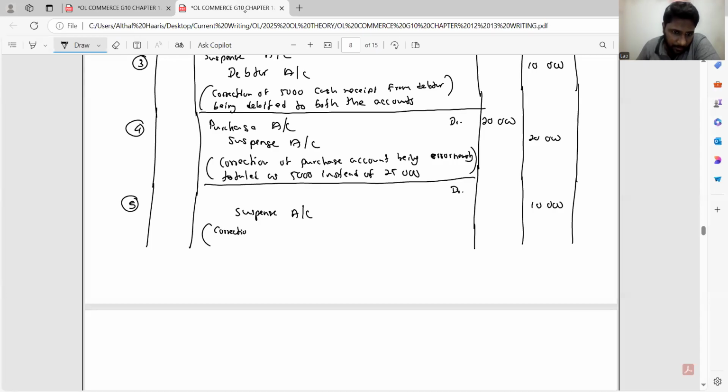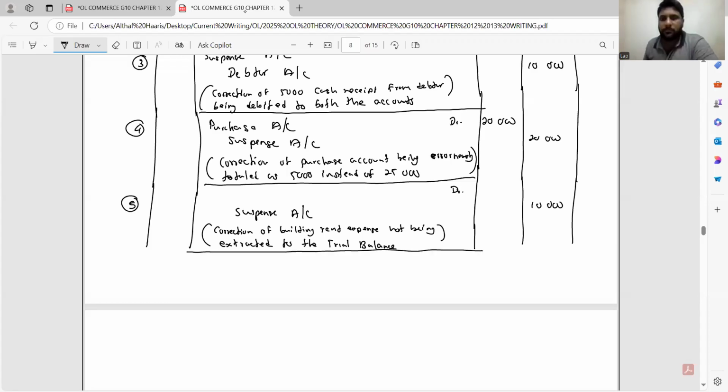Correction of building rent expense not being extracted to the trial balance.